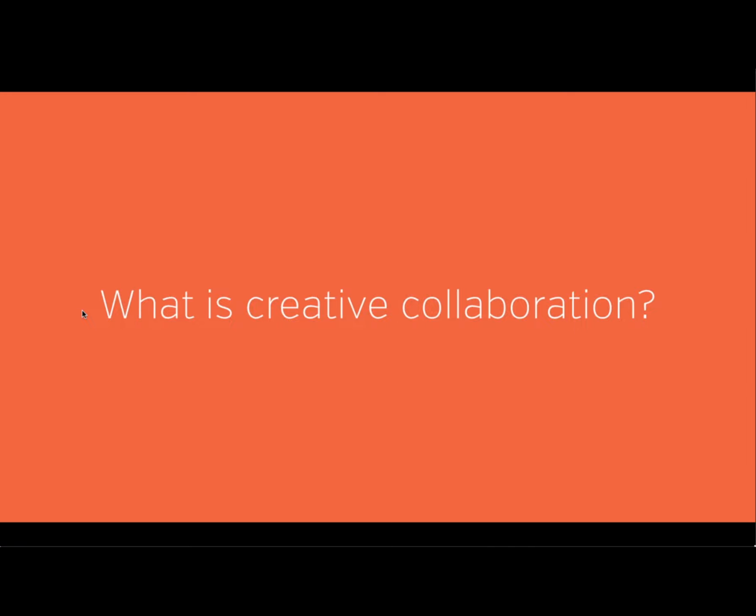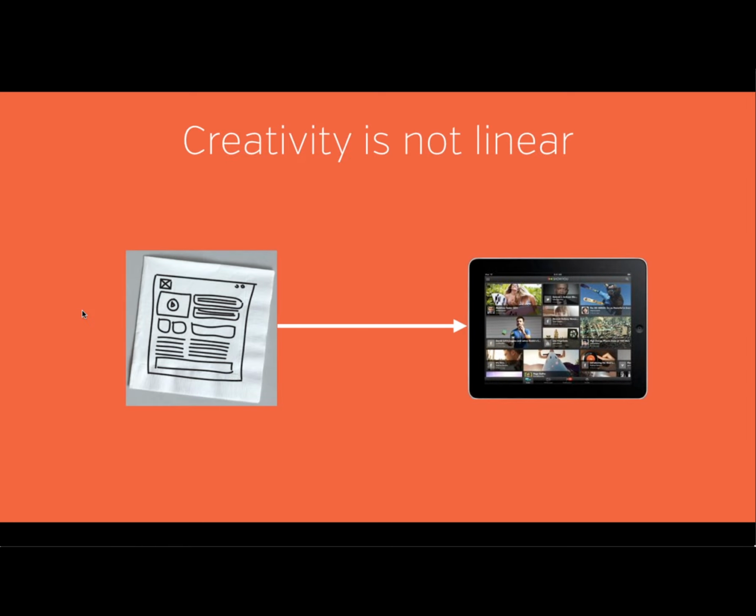One of the myths about the creative process is that it's sort of linear and simple, that you go from the concept on a napkin to the final published piece of digital content really easily. And anybody who participates in creating digital content knows there could be nothing further from the truth. The creative process is very ad hoc often.